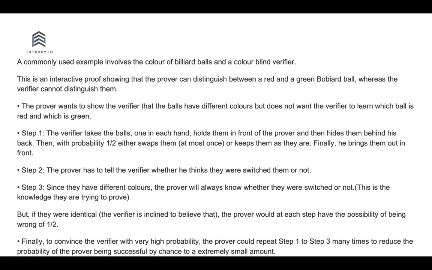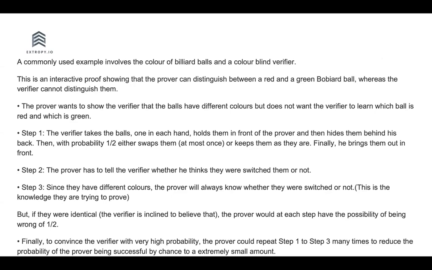She claims there's a difference between these two balls, but Victor cannot see this difference, and in fact does not believe that there is any difference. And so it's up to Peggy to produce this proof to Victor that there is indeed a difference and that she knows it.